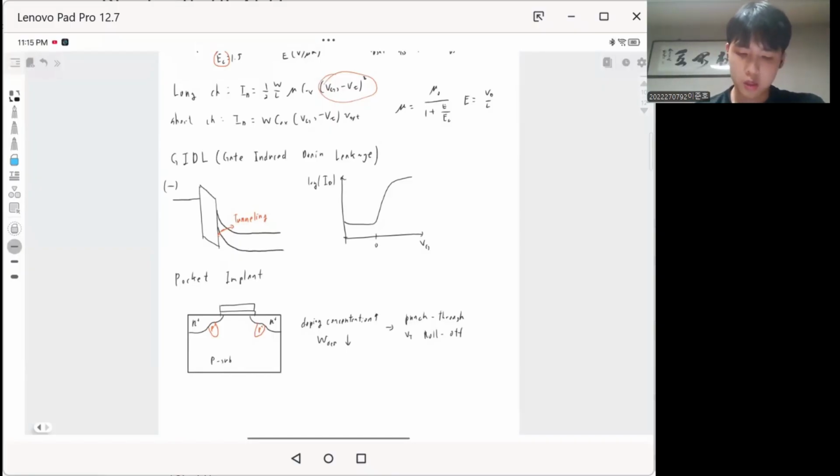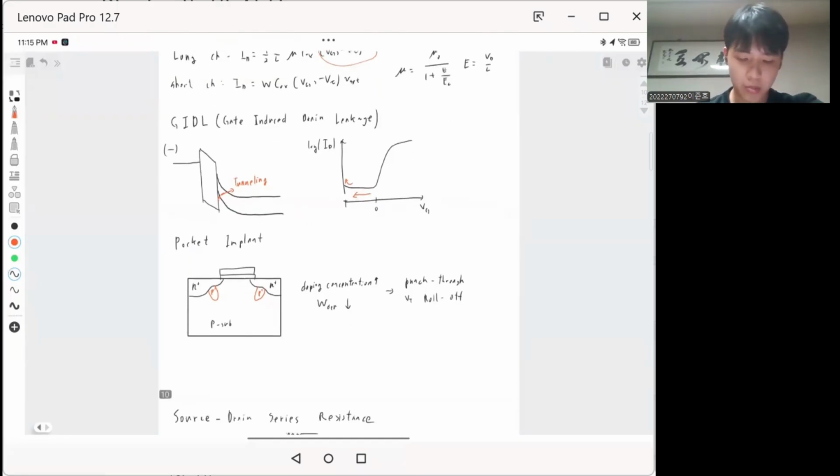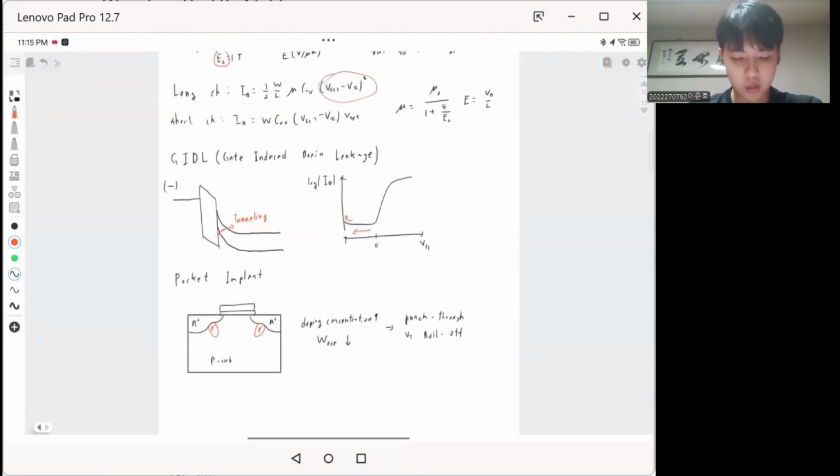You can see in the graph that when we apply a higher negative voltage, the leakage current goes higher because the potential barrier becomes thinner, so carriers can tunnel to the conduction band.